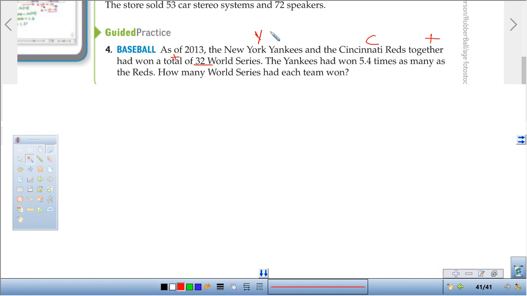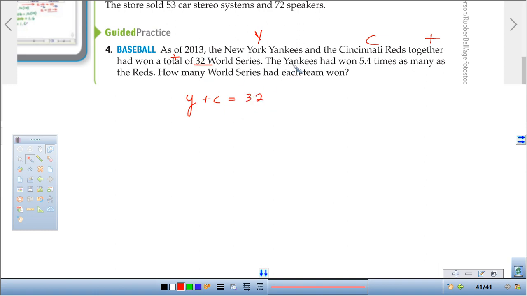So I'm going to go with Y equals the number of Yankees wins, and then C for the Reds wins. They have a total of 32 World Series. As of 2013, the New York Yankees and the Cincinnati Reds together had won a total of 32 World Series. So we're going to go with Y plus C is equal to 32.